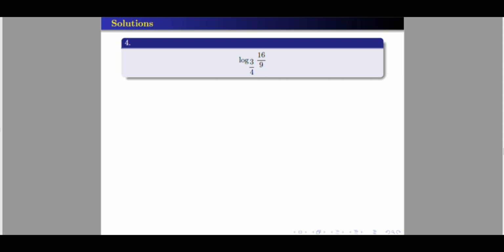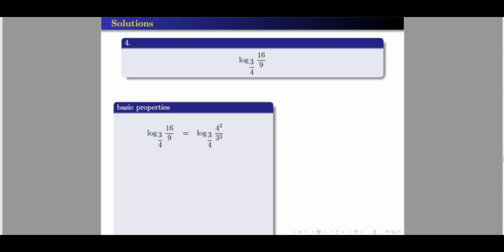Number 4, we have this. The base is a fraction, positive 3/4. Take note that 16 and 9 can be written as 4 squared and 3 squared. By the property of exponents, we can rewrite this as the square of 4/3.